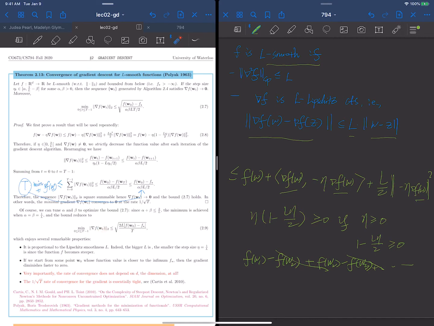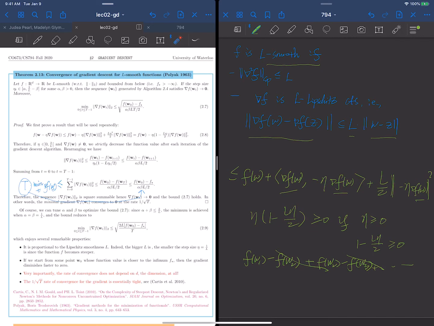So w is in d dimensions, right? f is on R^d. But if you look at the bound, it does not depend on d at all. It depends on the Lipschitz constant of the gradient and it depends on how you initialize, right? But it does not depend on the dimension. And in many machine learning problems, the dimension is huge. You could easily have a billion parameters. So d can be a billion. And if my bound does not depend on the dimension, then it's likely that I can use this algorithm for very high dimensional problems. Okay.